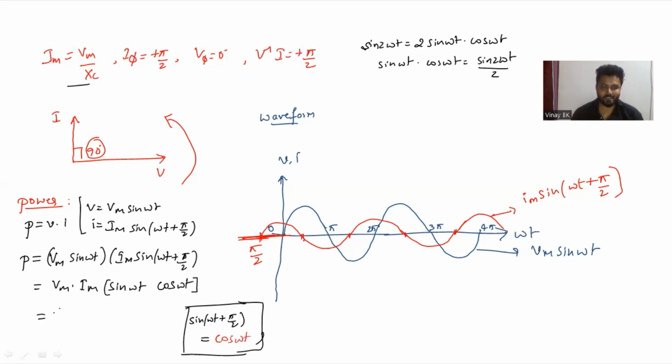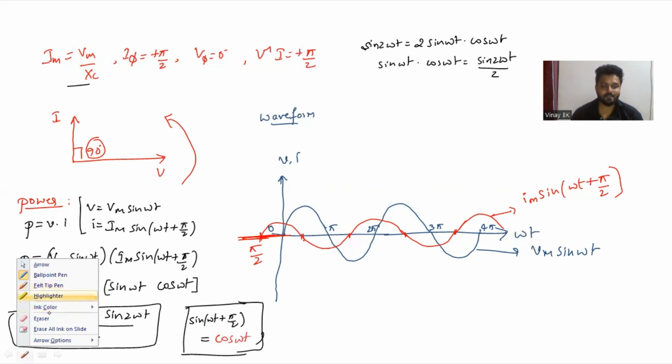So you can write here Vm into Im sine 2 omega t divided by 2. You can observe this power waveform is a fluctuating power component, and it has a frequency of 2 omega t, which is double the frequency of the applied voltage.